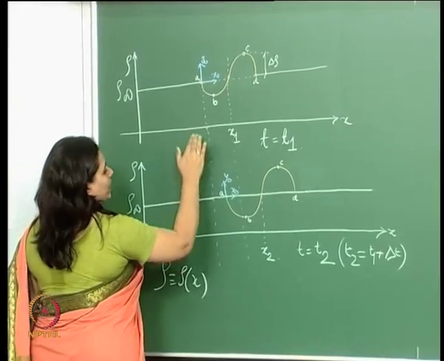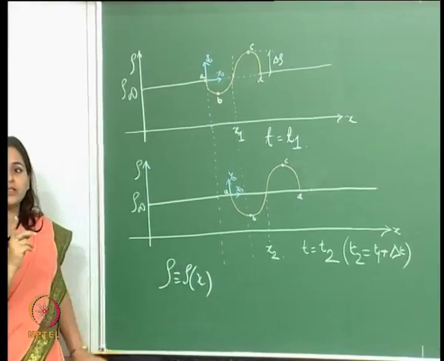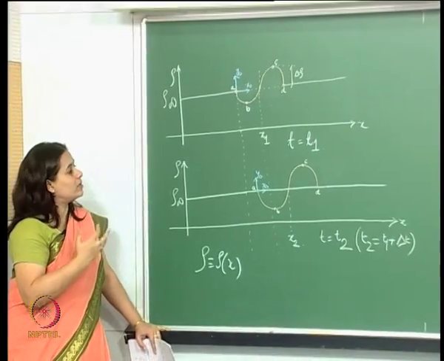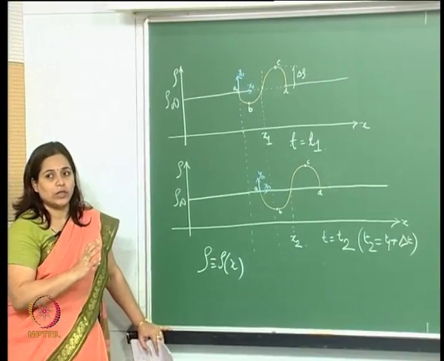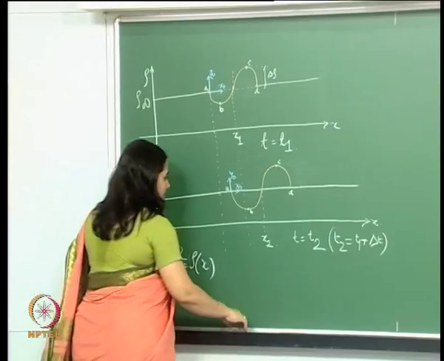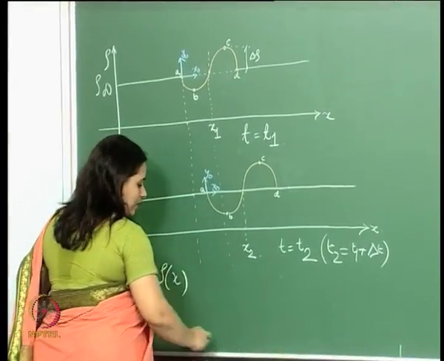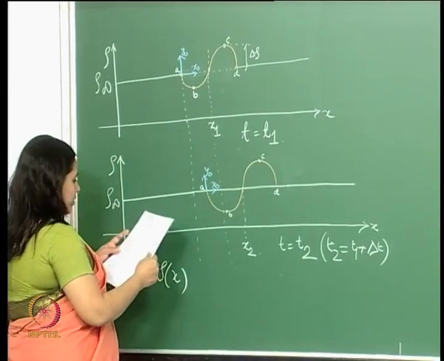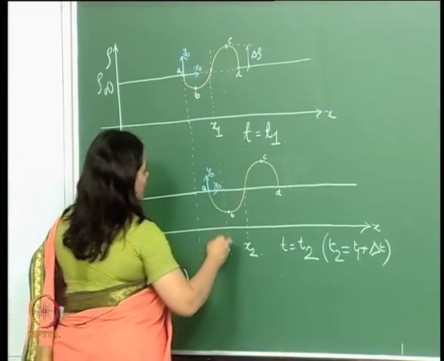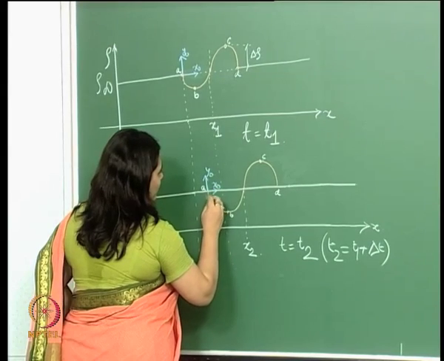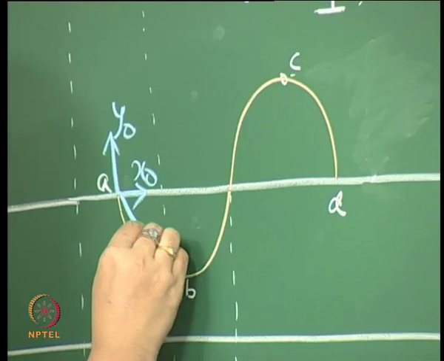But if I consider the wave as unsteady, then that will not be so, which would mean then, let me draw it with a different color. In that case my wave will become something like this.